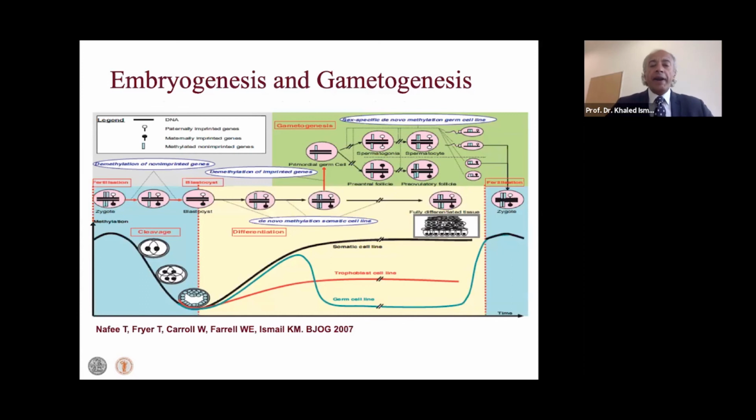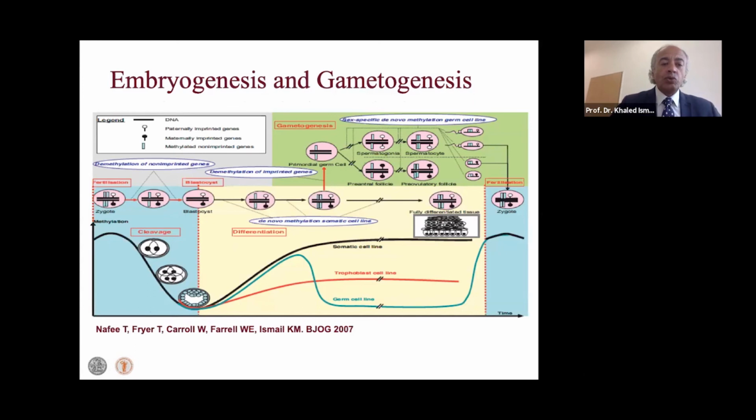This is a diagram from one of our first publications on the issue of embryogenesis, gametogenesis, and the epigenome. And I want you to focus on this area, which I'm going to talk about later on.